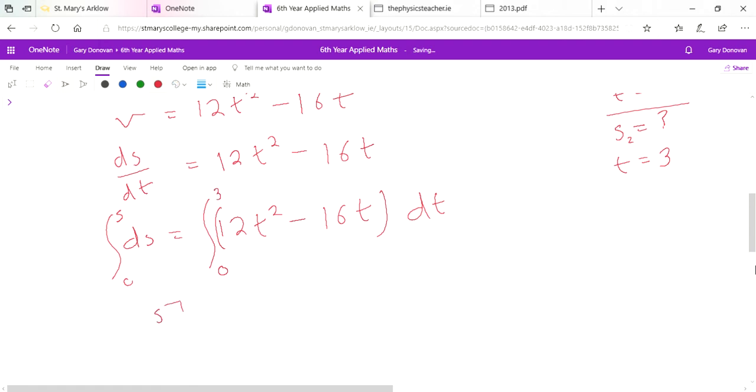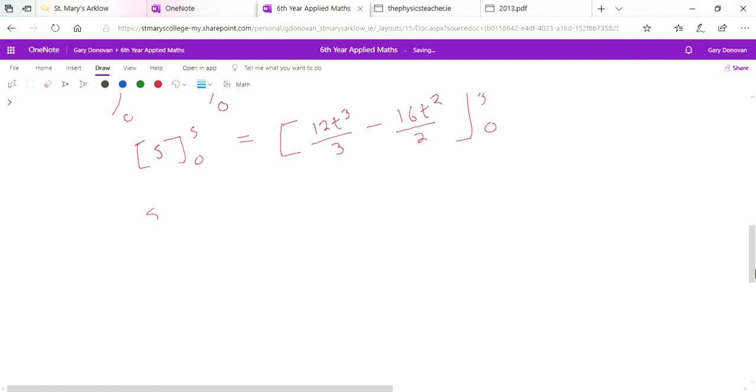That gives us s and 0 equals 12t cubed over 3 minus 16t squared over 2, and our limits are 3 and 0.